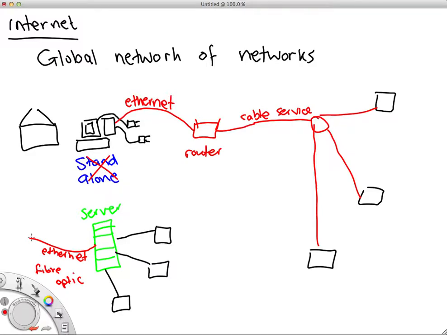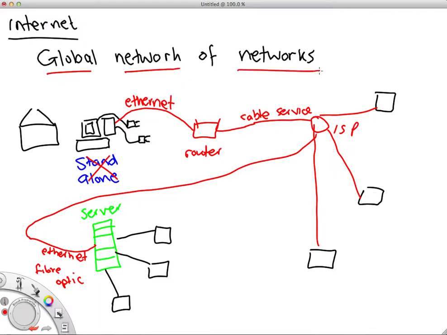And again, these will be connected to a cabling service, an internet service provider, where it then becomes interlinked with everything else that's connected to that internet service provider. So this could be called my ISP. And so the internet is basically just a global, a worldwide network of networks. That's what the internet is.